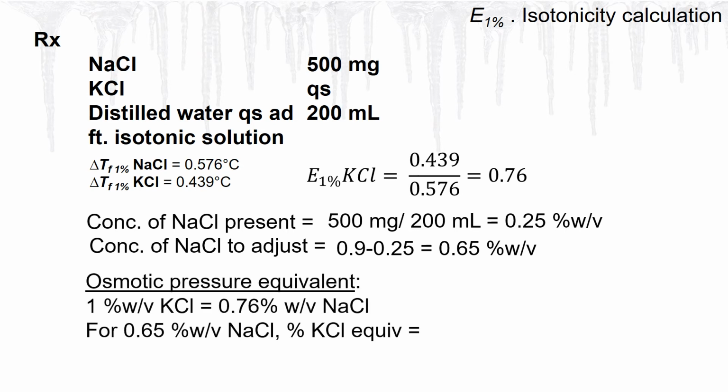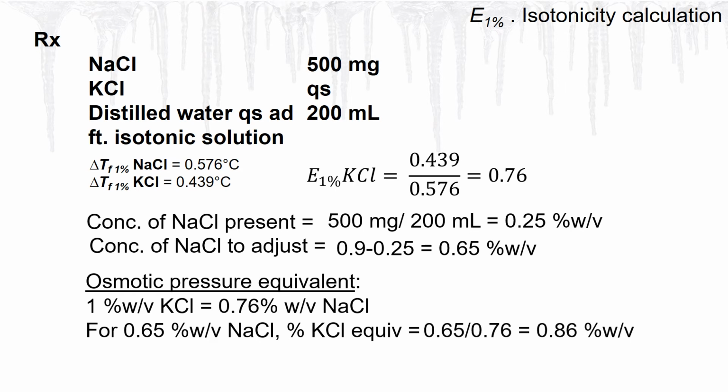From the E 1% we have calculated, it means that 1% of potassium chloride is isotonic to 0.76% of sodium chloride. In this case, we have 0.65% of sodium chloride that needs to be made up by potassium chloride. So how much is it?